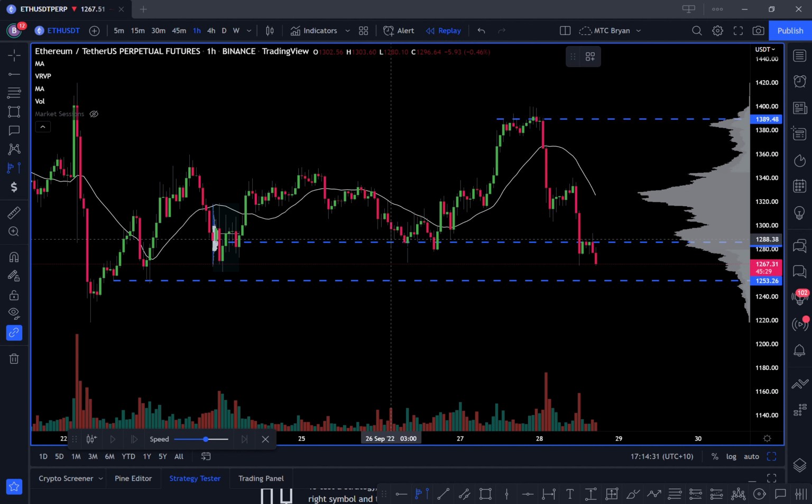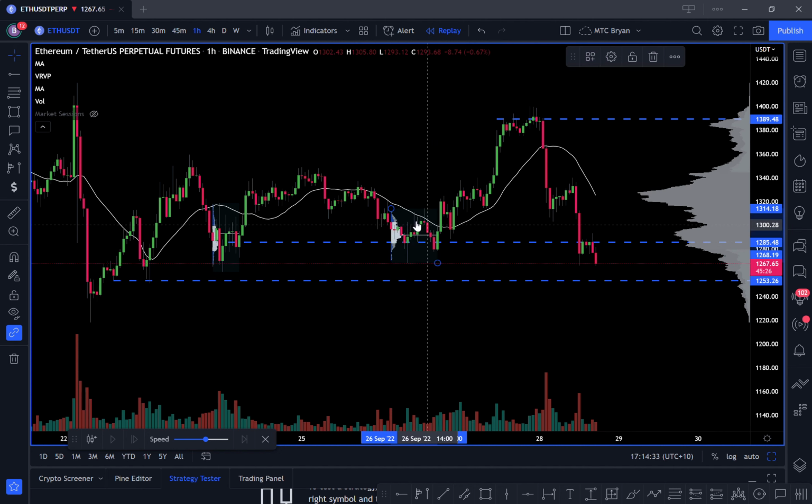I do like this area here as well as a bit of a horizontal, and as you can see it pretty much lines up in volume as a nice point of control. So this gives me a good indication that this is a strong area to use for determining the swing down from up here.